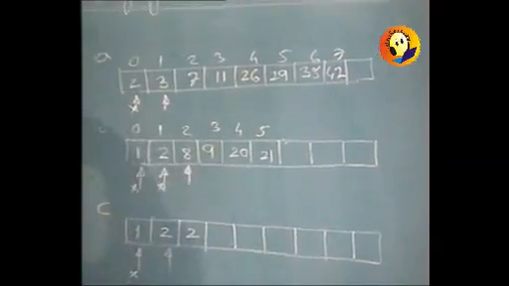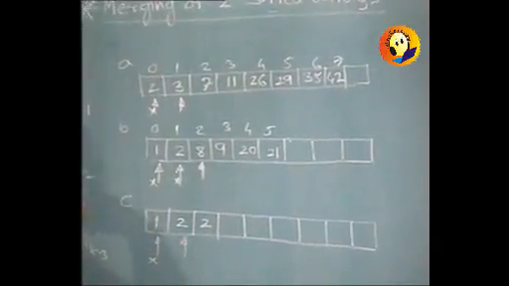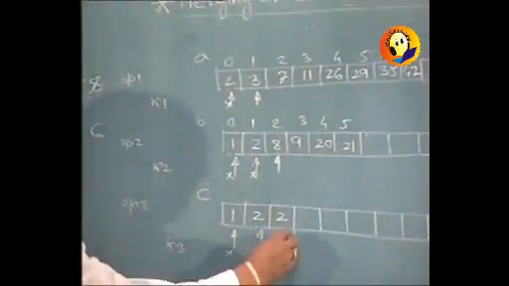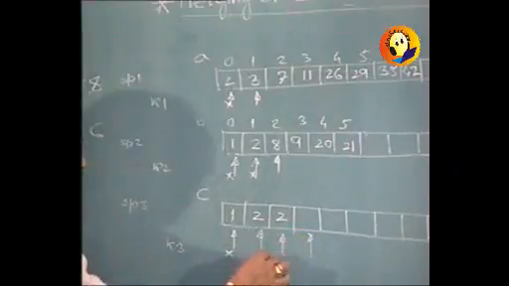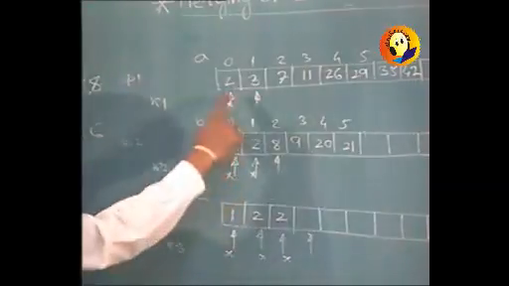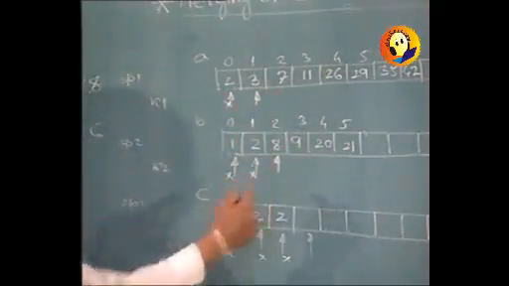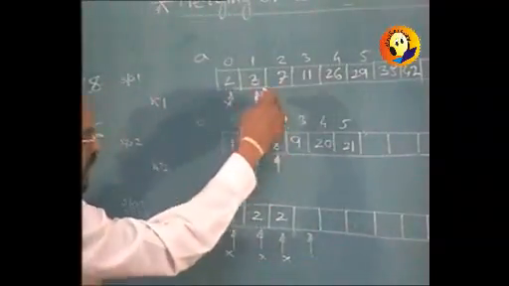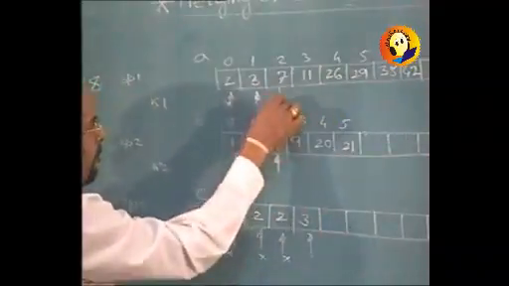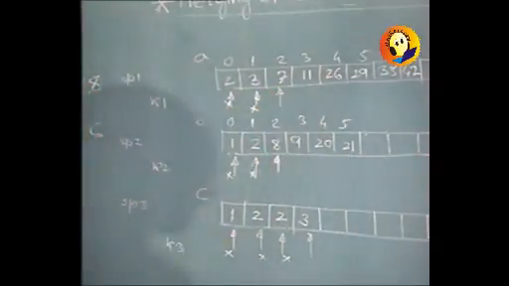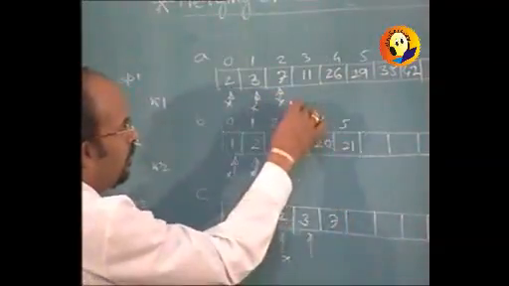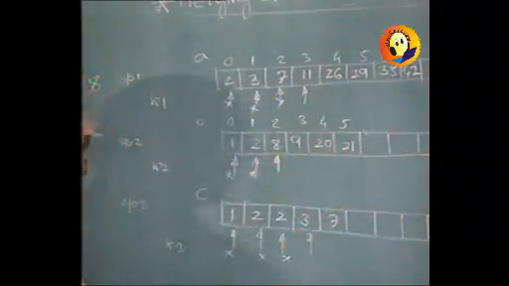When sp1 k1 is equal to sp2 k2, both the values are 2, then we are putting both the values in array C. K1 gets incremented, K2 also gets incremented. Then it is 8 and 3, 3 will be copied, K1 is incremented. 7 and 8, 7 will be copied, K1 is incremented.